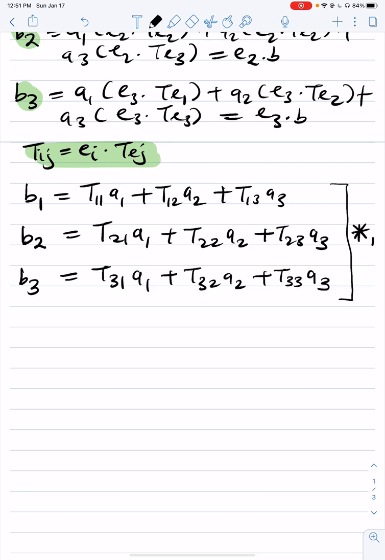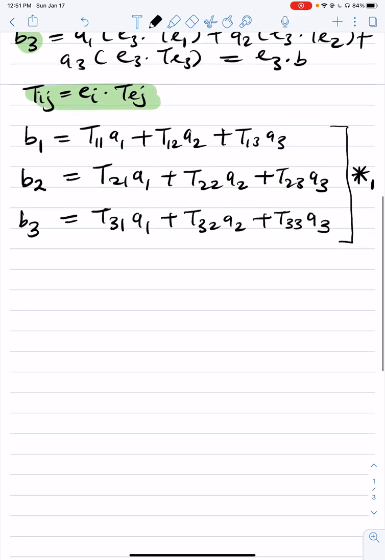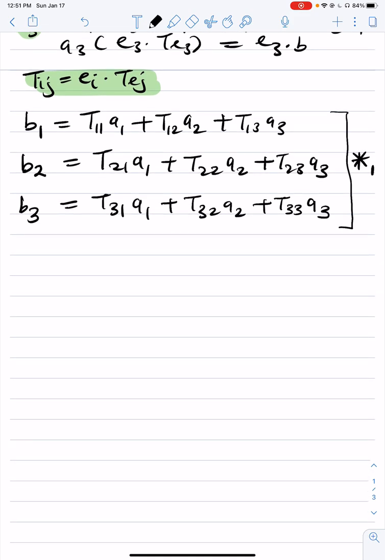So if you call this star 1, now let's see how we can put this in matrix form.